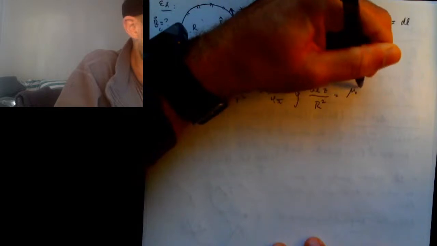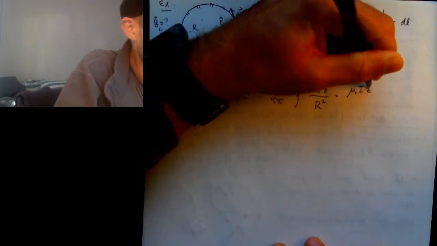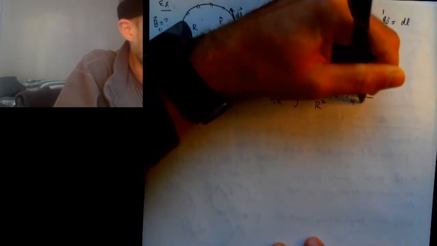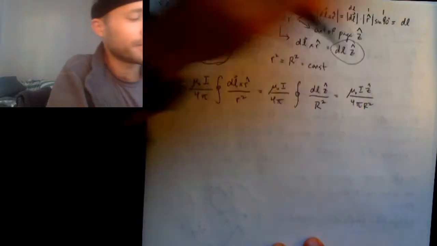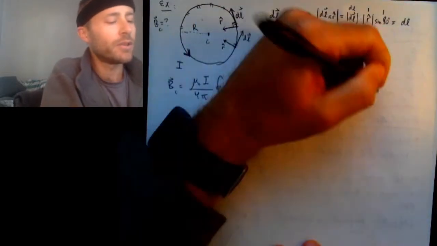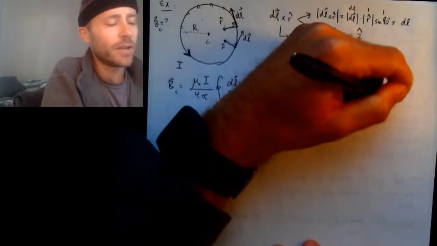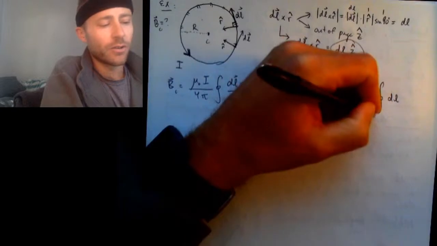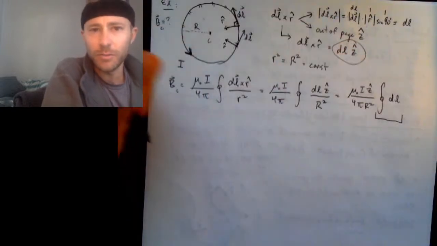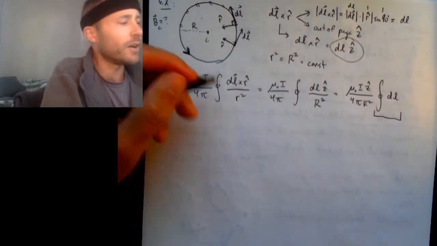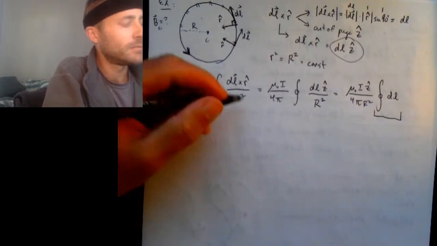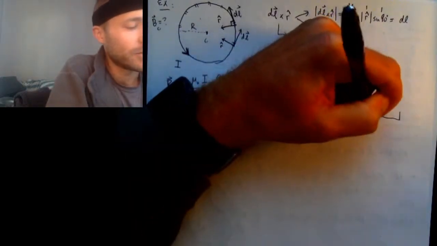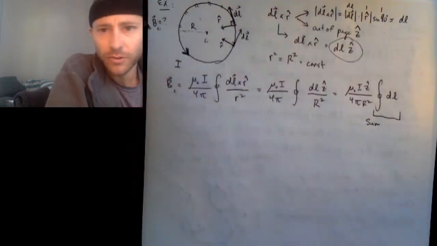So I have mu naught I z hat over 4 pi r squared times the integral of dl magnitude. What does this integral of dl magnitude mean? Remember, all integrals are just sums.